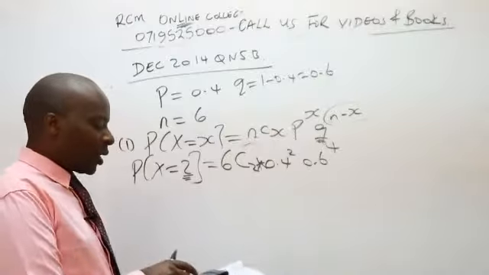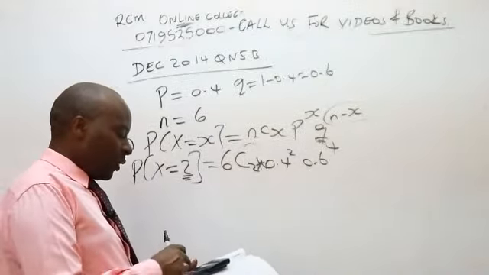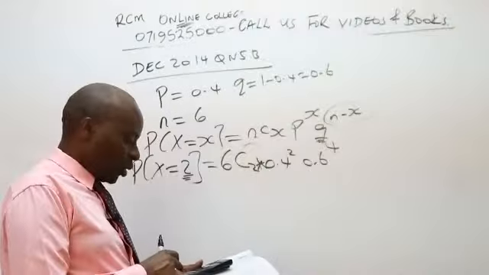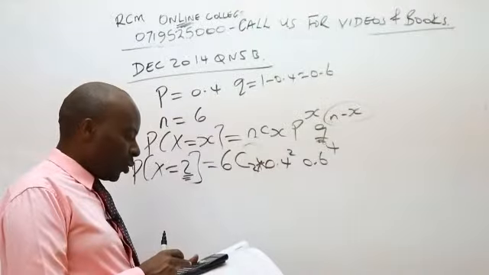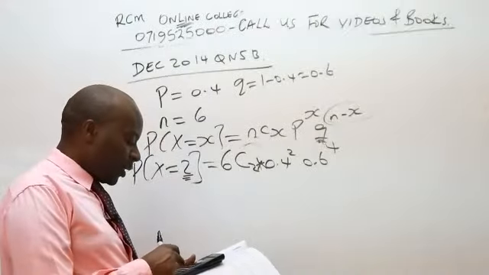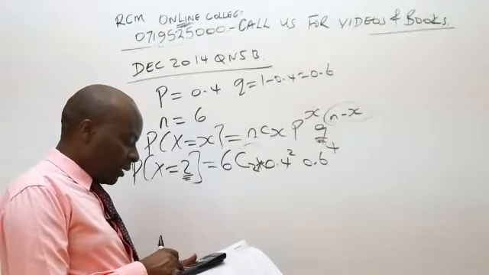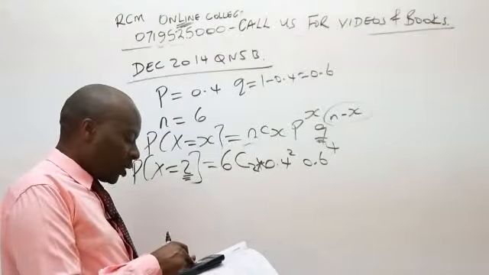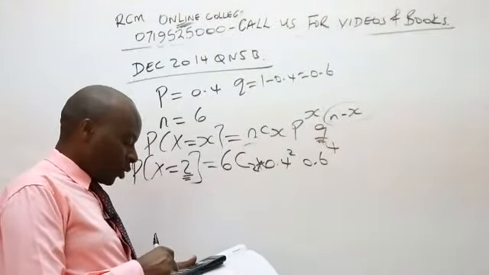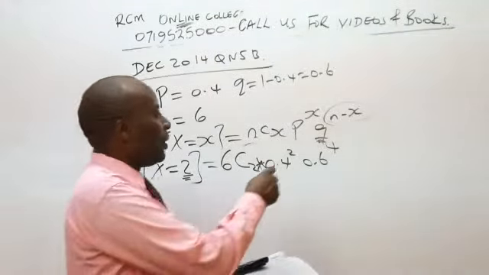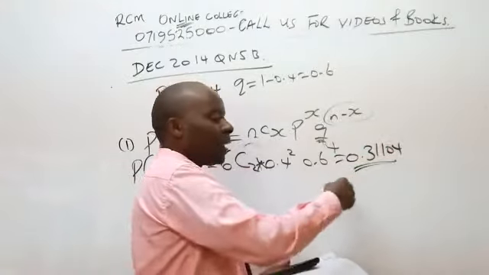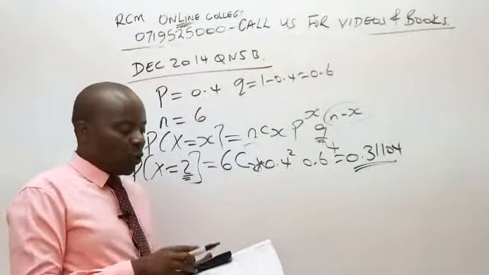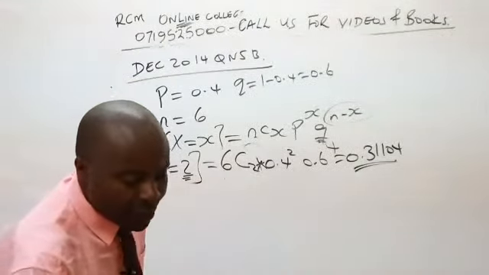So we have 6 combinations 2 times 0.4 raised to power 2 times 0.6 raised to power 4, which gives me 0.31104. That is the answer, so Roman 2 is done.